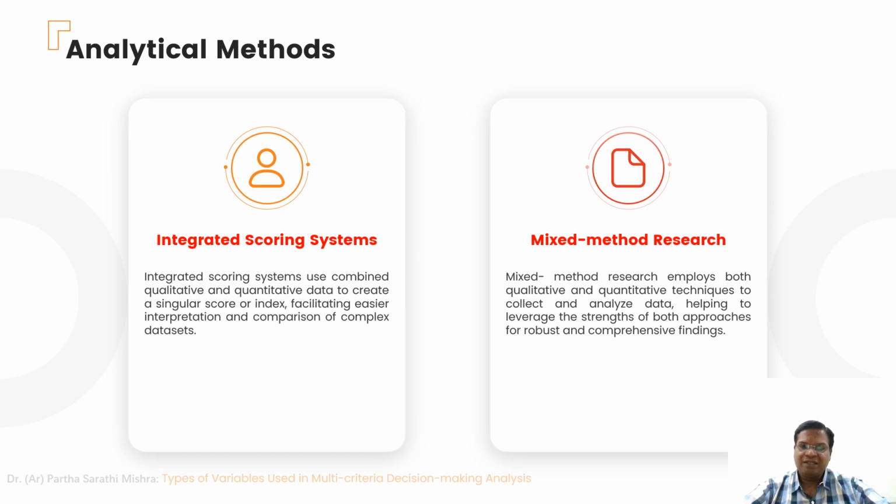So here we have to put both the qualitative and quantitative data on a common score, which is known as the normalization method. Next is mixed method research. Mixed method research employs both qualitative and quantitative techniques to collect and analyze data, helping to leverage the strengths of both approaches for robust and comprehensive findings and evaluations.